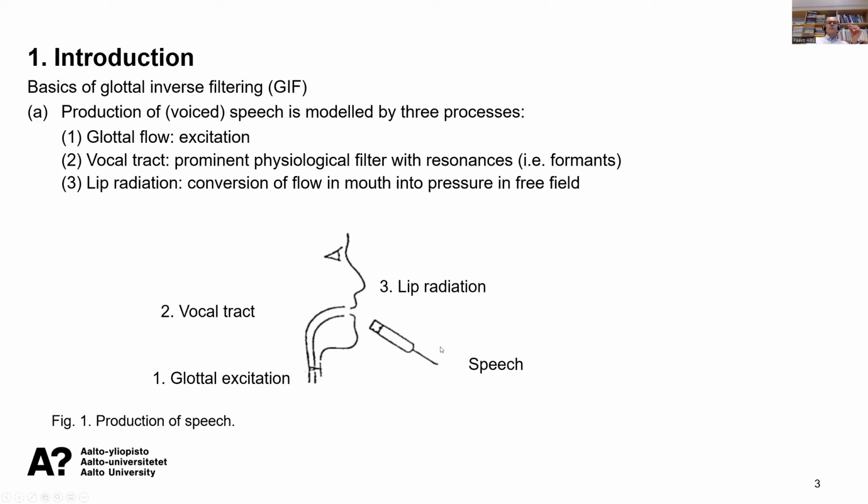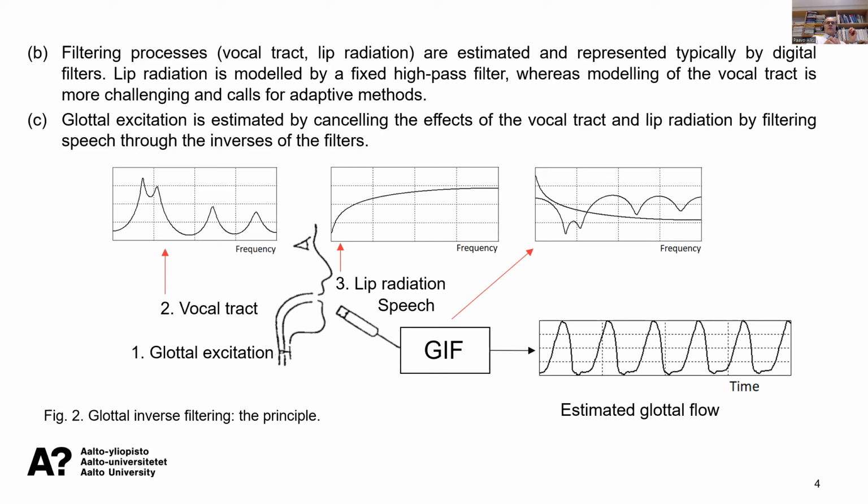So throughout my talk, we will use the so-called free field microphone recordings as an input to our inverse filtering. The idea of inverse filtering itself is quite simple and can be explained in the frequency domain using this kind of a little bit messy picture.